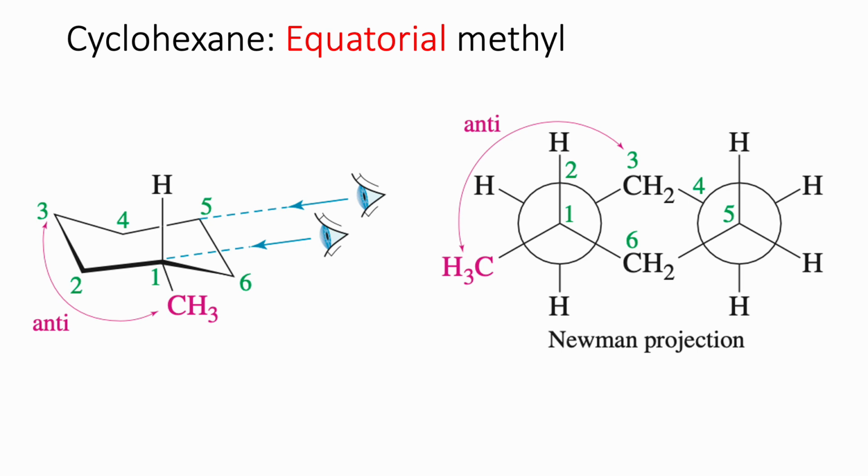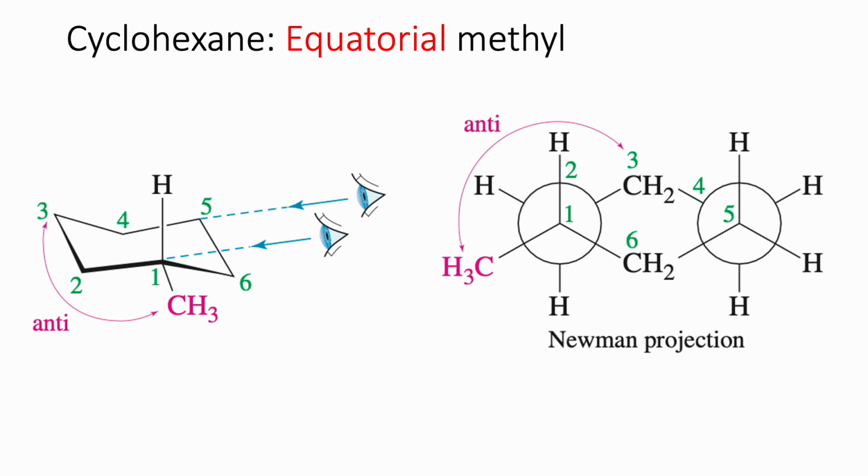When a methyl group is in the equatorial position, it avoids that gauche interaction. So look at the difference here. See that H that has a 2 underneath it, that's where the methyl group was. And when the methyl group was up there, we called it axial because it was pointing straight up and down. And when it's axial, it's 60 degrees away from carbon 3. But when it's equatorial and it's pointed in the position that it's at now, it's actually anti to carbon 3.